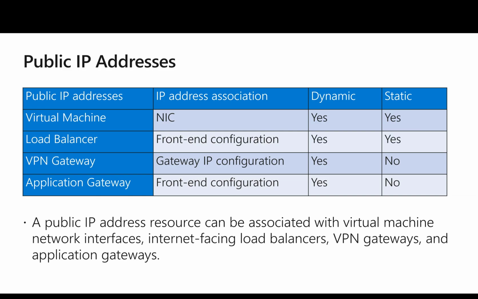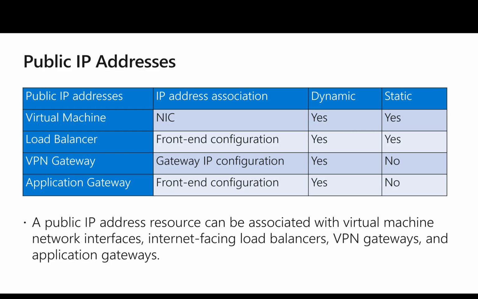If we look at the public IP address applicability and assignment, we can apply a public IP address to multiple networking resources, like the network interface card for a virtual machine, or we can assign it to the public load balancer in the front end configuration, or we can assign it to the VPN gateway IP configuration, or for the application gateway we can assign it in the front end configuration.